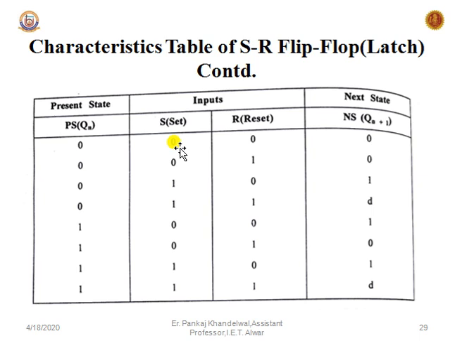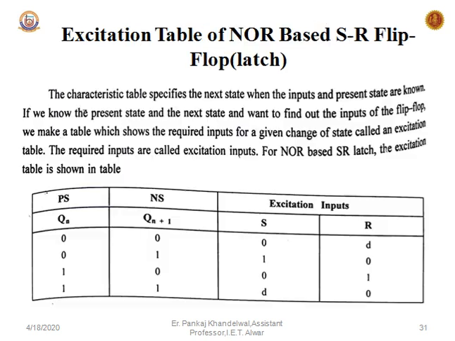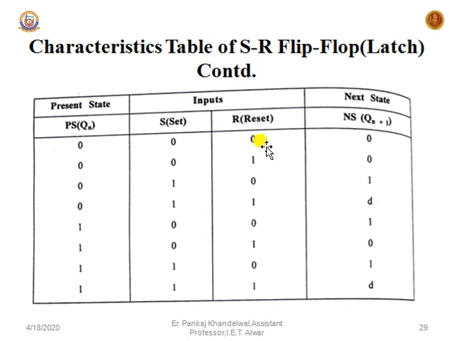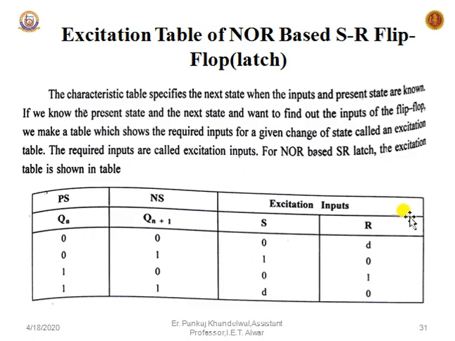In this case, if we compare the values of set and reset, we find that the set value is 0 in both cases, so we can put 0 here. But if we compare the reset, this is 0 in one condition and 1 in another condition, so this is a don't care condition, so we put D there, because the reset has two values, 0 or 1.